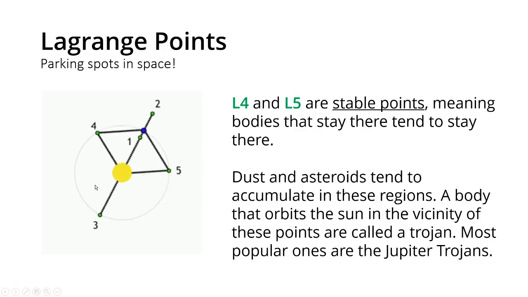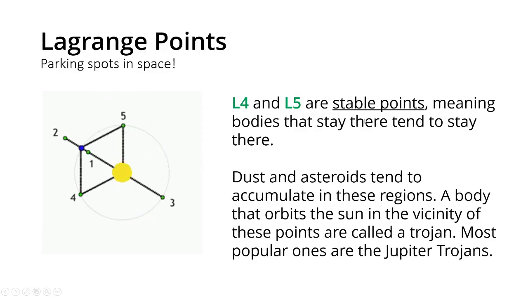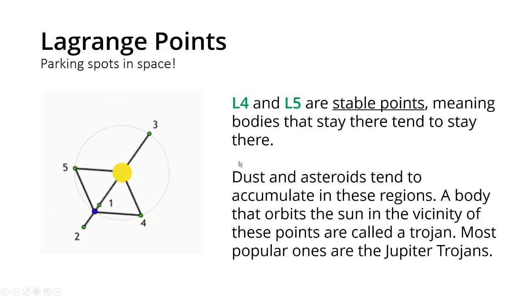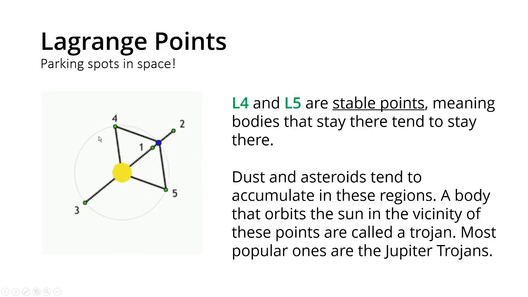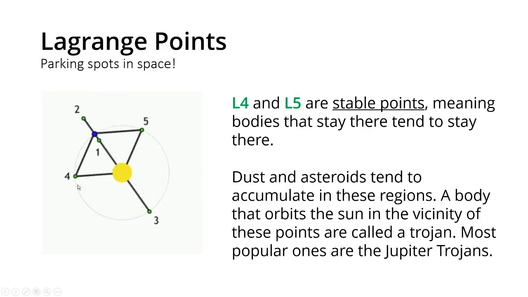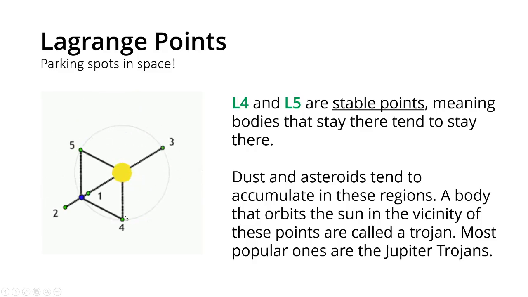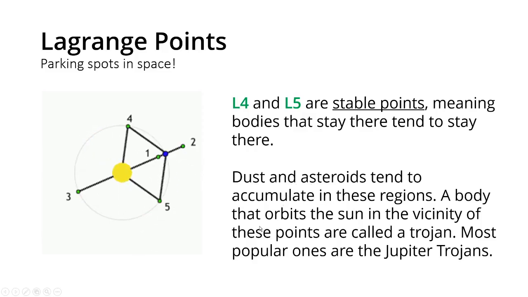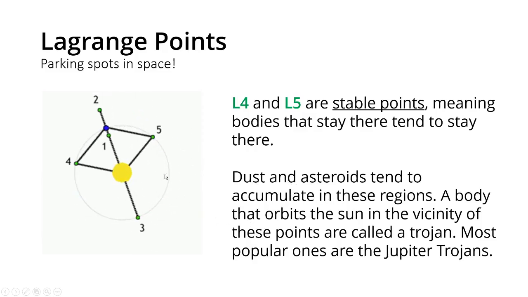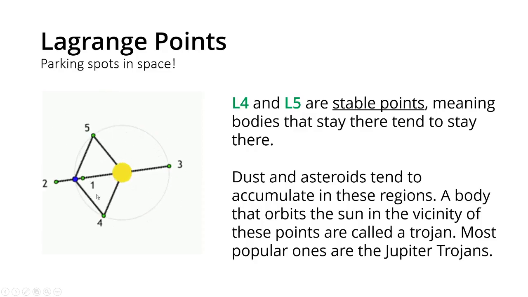L4 and L5 here are stable points, meaning bodies that stay there tend to stay there. In our system we probably have small rocks, asteroids, whatever, living there. Dust and asteroids tend to accumulate in these regions. A body that orbits the Sun in the vicinity of these points is called a Trojan.